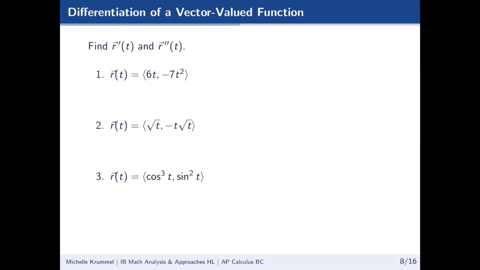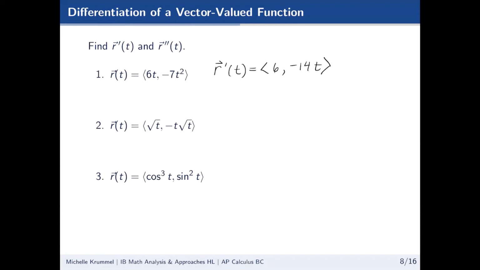So in each of these examples, we're given a vector valued function r of t, and we're asked to find r prime and then r double prime. So to find r prime, you're literally just going to take the derivative of each component. It's pretty straightforward. R prime of t equals, then we just need the derivative of 6t, which is 6, and the derivative of negative 7t squared, which is negative 14t.